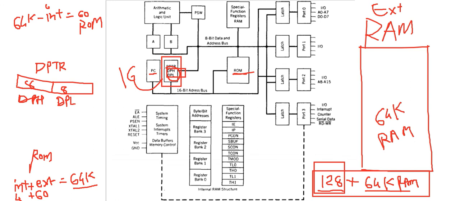Okay, so that's it from the architecture side. Now we have to study in detail the functions of all the blocks, such as timers, interrupts, serial communication. After studying the architecture, right now we are not able to configure the timer.